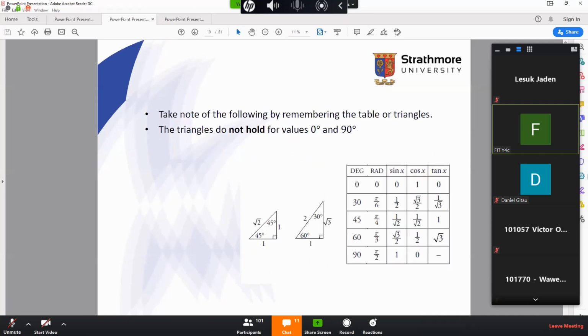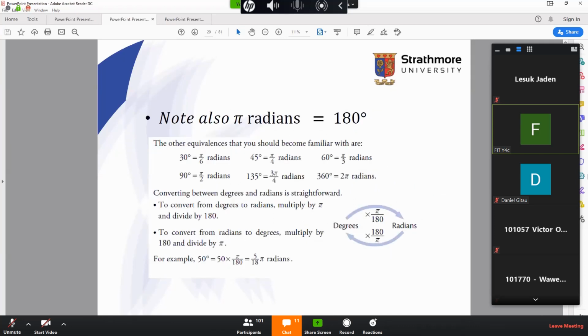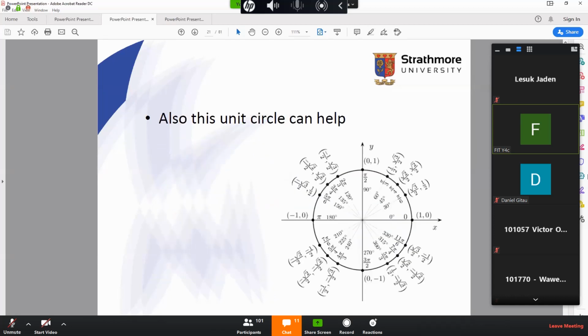There are 6 trigonometric ratios. There's usually a triangle which you can use, and you can check the table here and how to convert degrees to radians. And there's something called a unit circle. You might need it when analyzing audio data or any data that has waves.